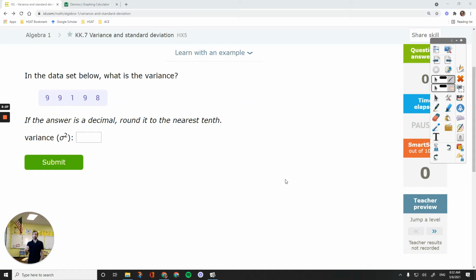So step 1 is finding the mean, or in other terms, finding the average of your numbers. For that, you can either use a Desmos kind of a calculator, or you can basically add all of the numbers you have. 9 plus 9 plus 1 plus 9 plus 8, and then divide it by, we have 5 numbers, divided by 5.